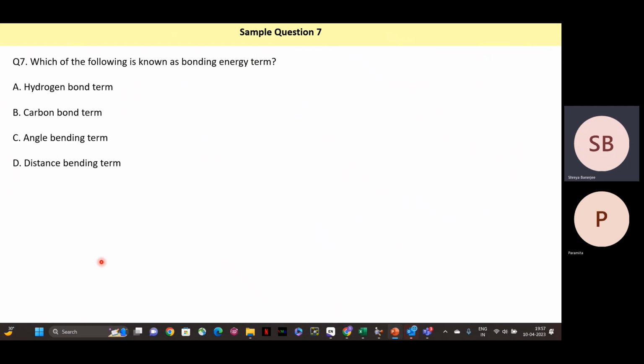Question 7 asks, which of the following is known as bonding energy term? So the correct answer is C, or angle bending.